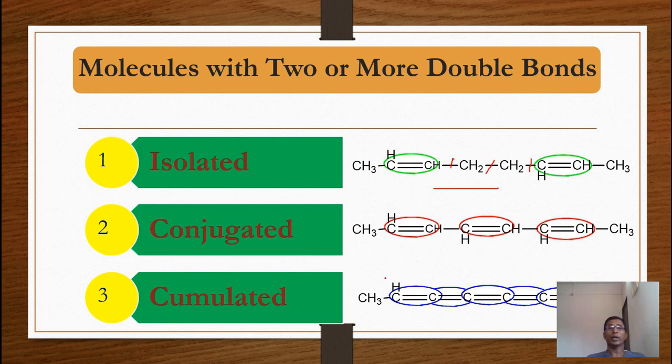While in case of cumulenes or cumulated alkenes, the double bonds are present on adjacent carbon atoms. We say double bonds are consecutive in manner, or a single carbon atom is attached to the two double bonds.